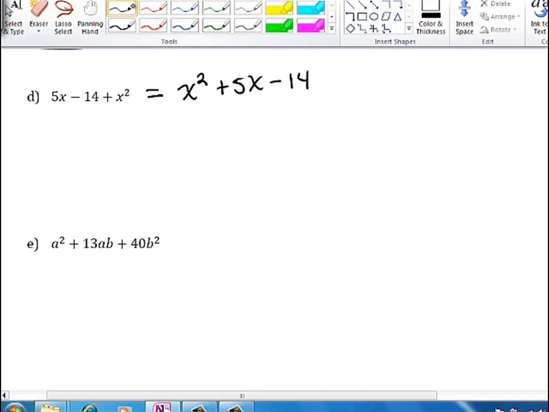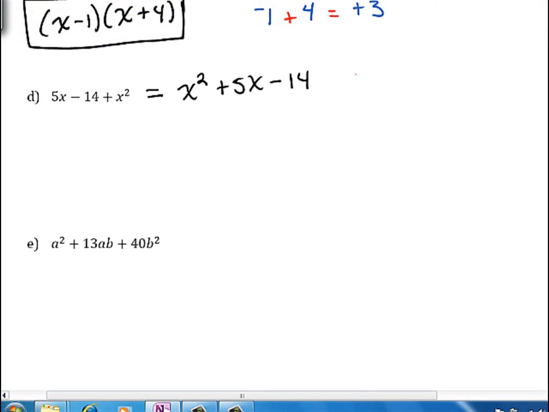So now we want to factor the constant, negative 14, so that when we add them together, we end up with the middle term, which is positive 5. So the two numbers that will add together to give me 5 and multiply together to give me negative 14.